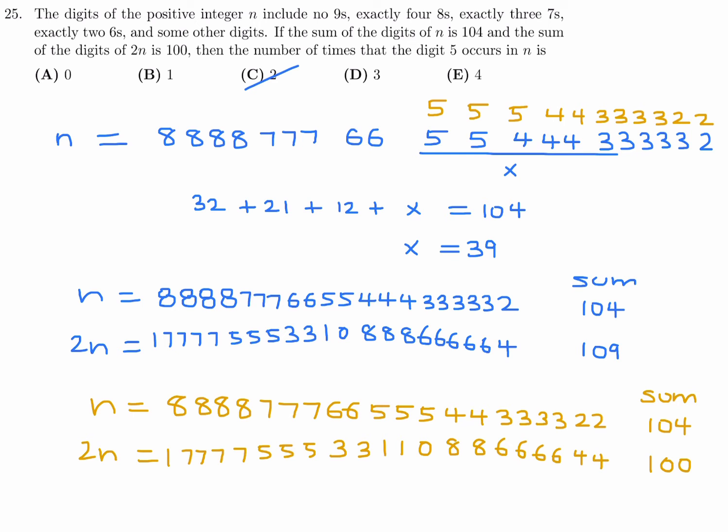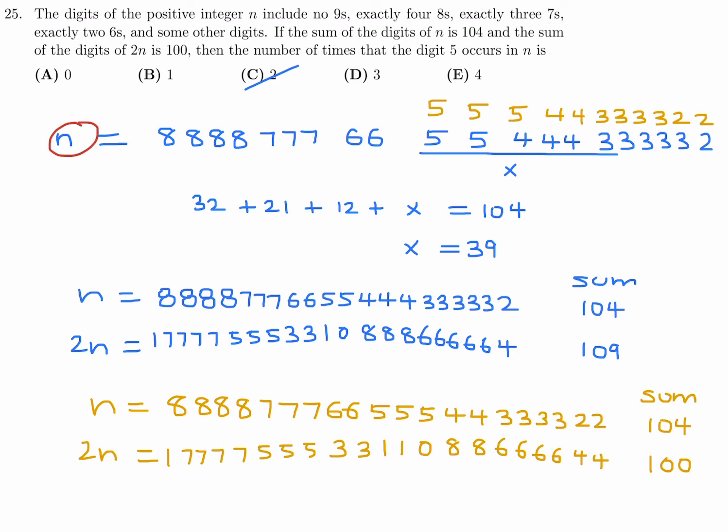And it makes perfect sense too. For number 25, which is usually one of the hardest questions, it works out. A lot of it is just trial and error. So the answer to this question is 3 5s, because they're asking how many 5s occur in the original n, the number of times that 5 occurs in n.